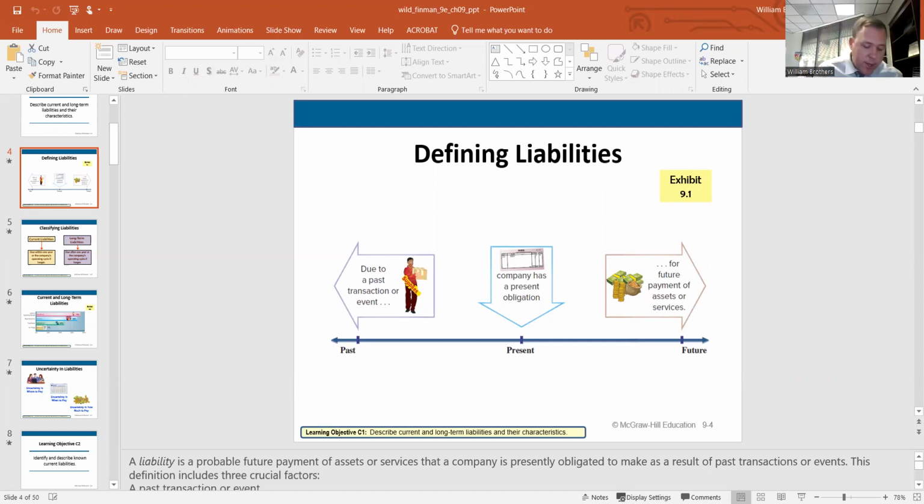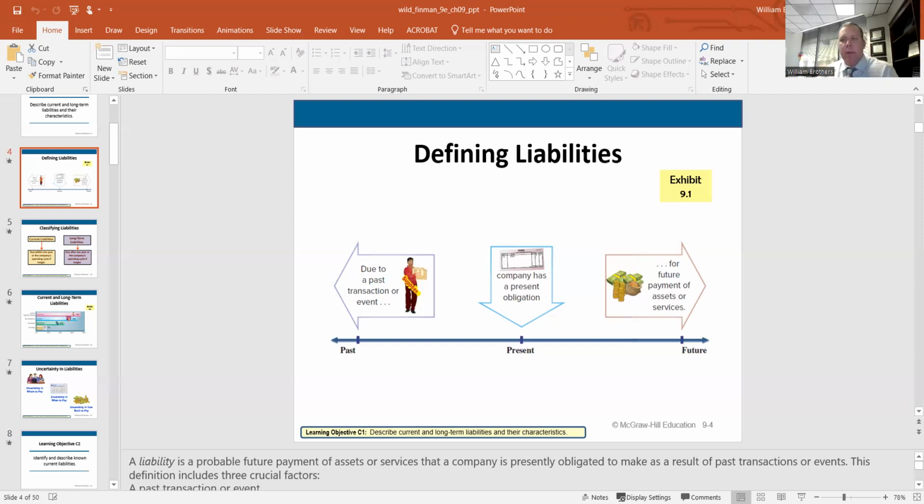If I took that same transaction and purchased supplies with a liability, a current liability, something that's going to be used up within the course of the year, then I'm going to see an increase in my assets by $1,000 in this example. But I'm also going to see an increase in my liabilities, because while I now have this additional asset, I also have this additional obligation to pay this back at a future date.